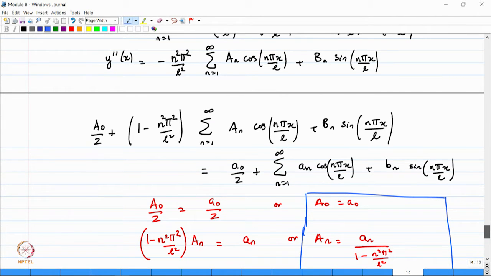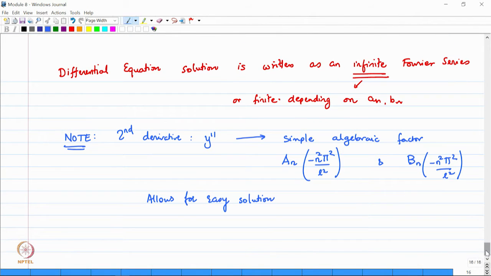Now suppose f of x is equal to, let us say, sin omega x, or let me make things even simpler. Let me make it sin pi x.